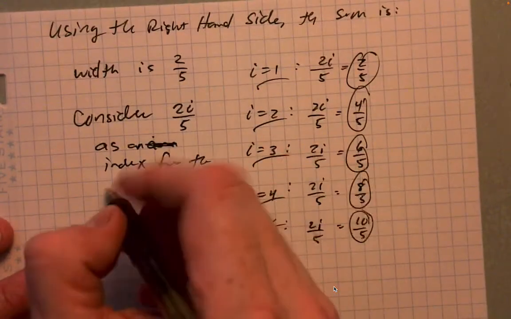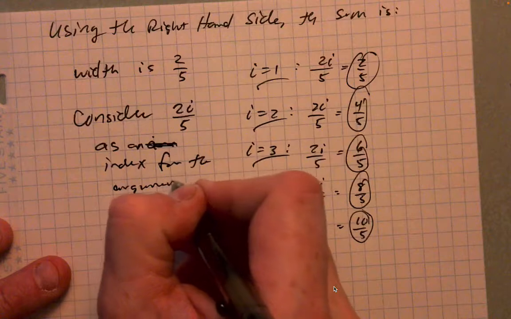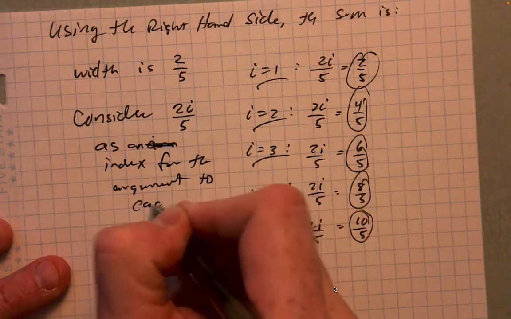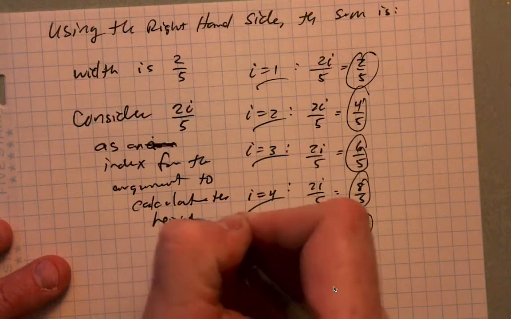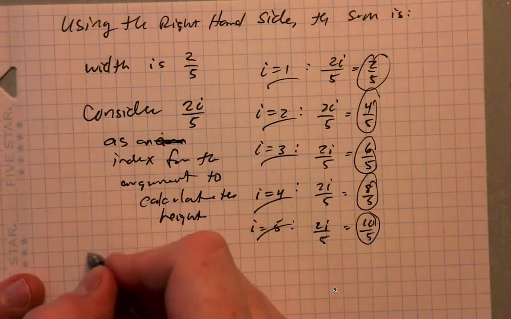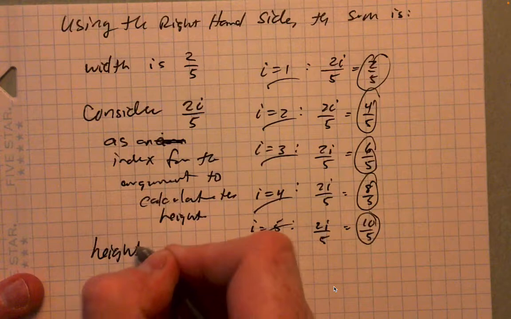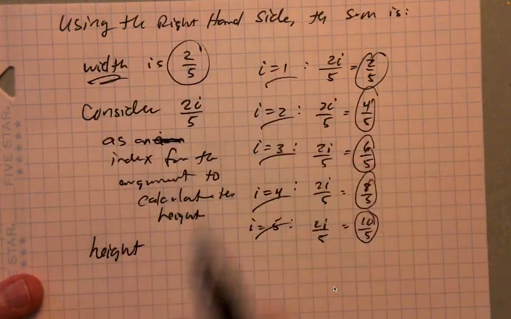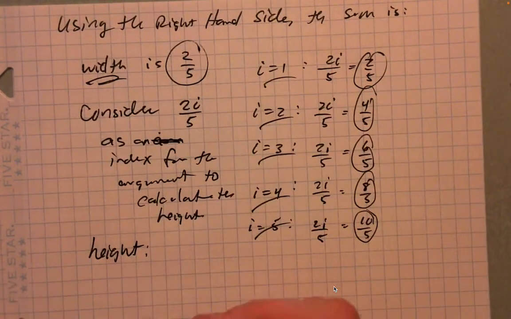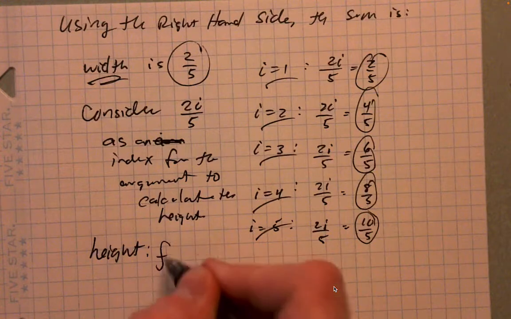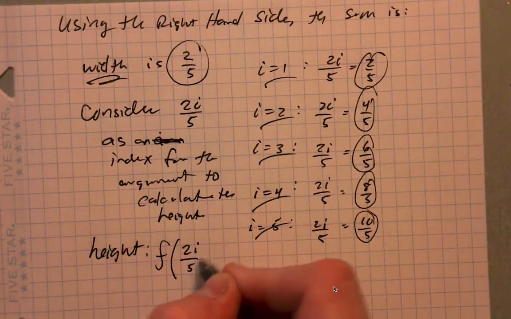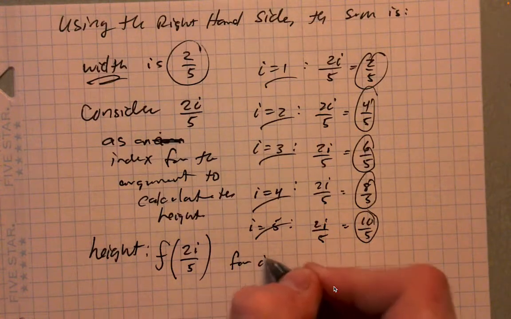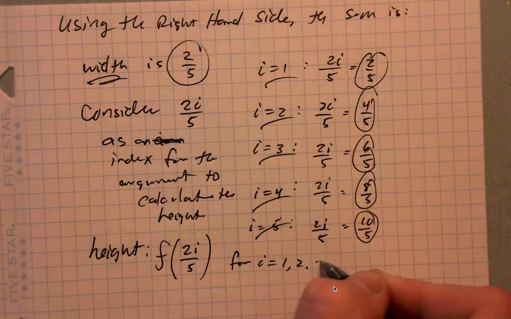for the argument to calculate the height. The width is always the same, it's always 2/5. The height is going to vary, but it's always going to be the function evaluated at 2i over 5 for i equals 1, 2, all the way up to 5.